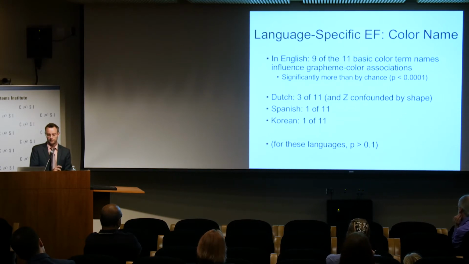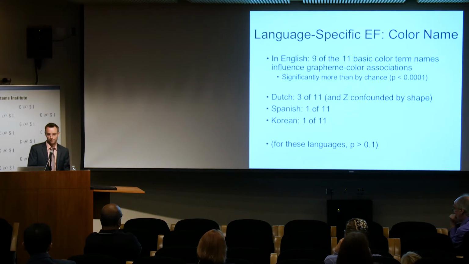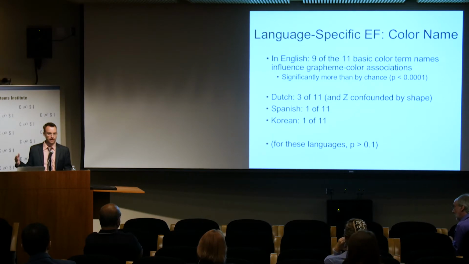So the only exception here is, well, brown and black don't get B because B gets blue, but also O gets white instead of orange. But it's great. 9 of the 11 basic color terms influence the letter in some way that's statistically significant.